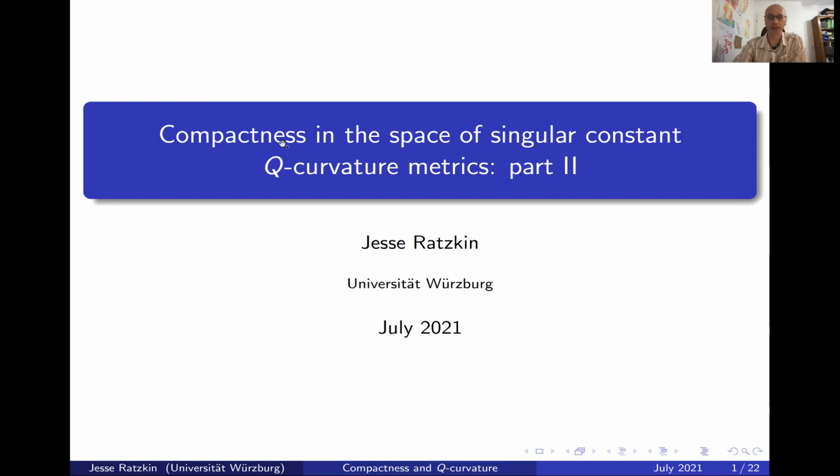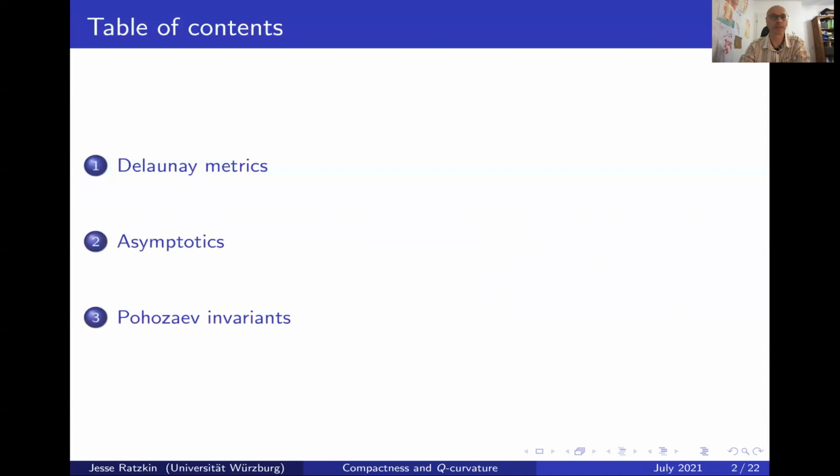This is part 2 of my presentation on a compactness theorem in the moduli space of singular constant Q-curvature metrics. In this part of the presentation, I will describe some of the tools we use in the proof.